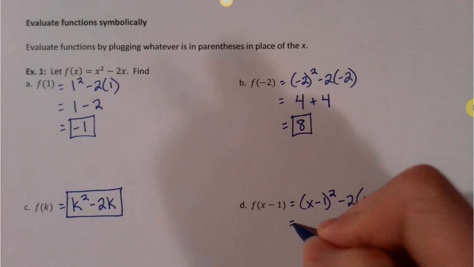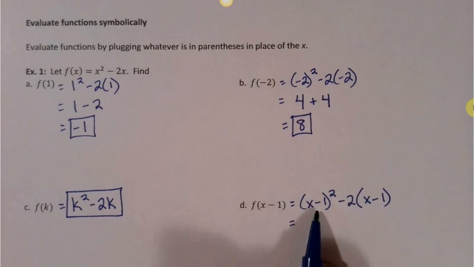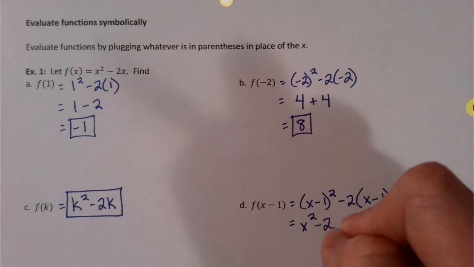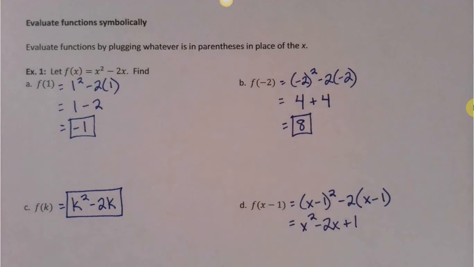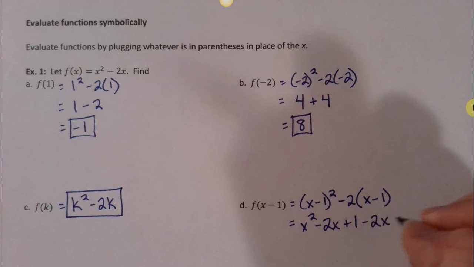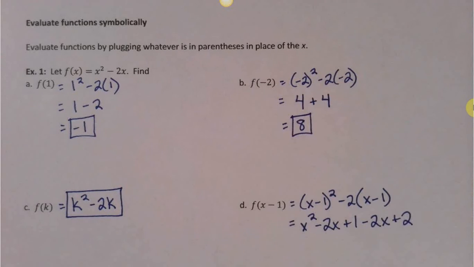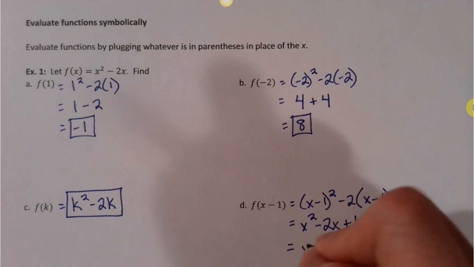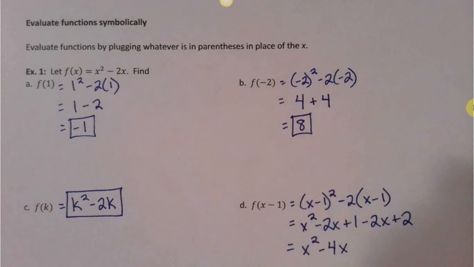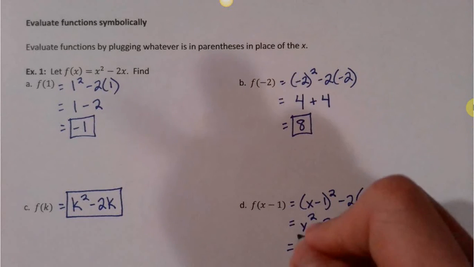And then to clean this up, we can FOIL the first x minus 1. That'll give us x squared minus 2x plus 1, and then distribute the negative 2 to get negative 2x plus 2, and then combining like terms, we'll end up with x squared minus 4x plus 3.